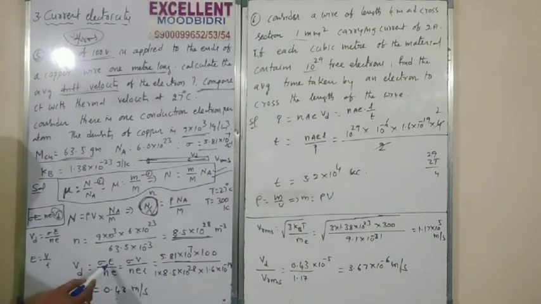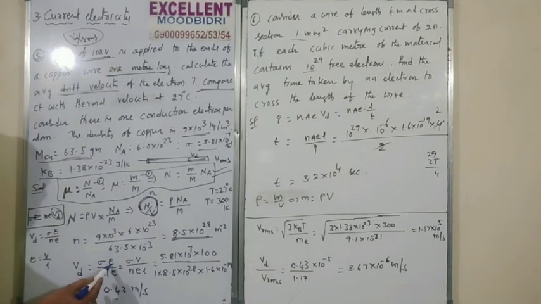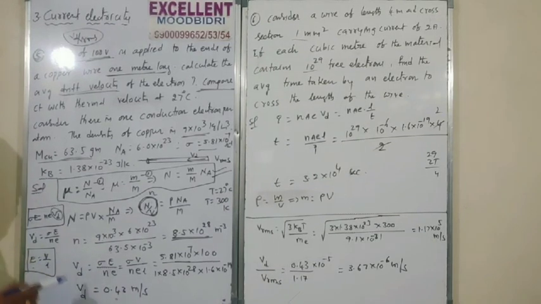And is E given in the question? No, they gave the potential difference, so that E you can write in potential terms. One more formula: E is equal to V by L. Now substitute all the values.